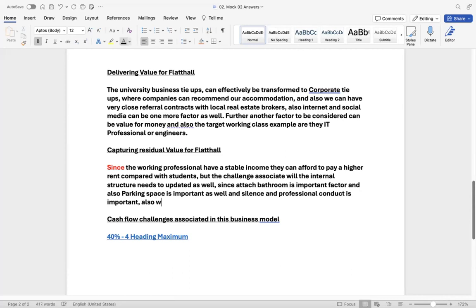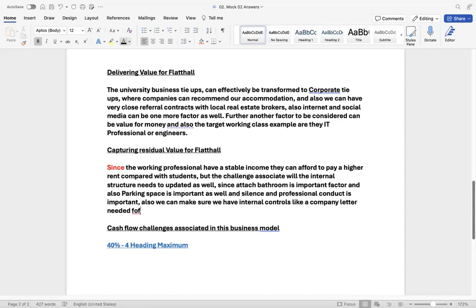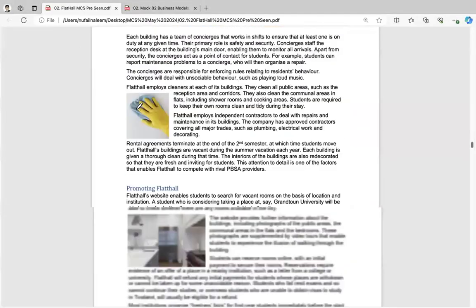Also, we can make sure we have internal controls, like a company letter needed for accommodation, and a deposit to prevent bad debts, to mitigate bad debts. And students, I will connect one more thing from the pre-scene material.